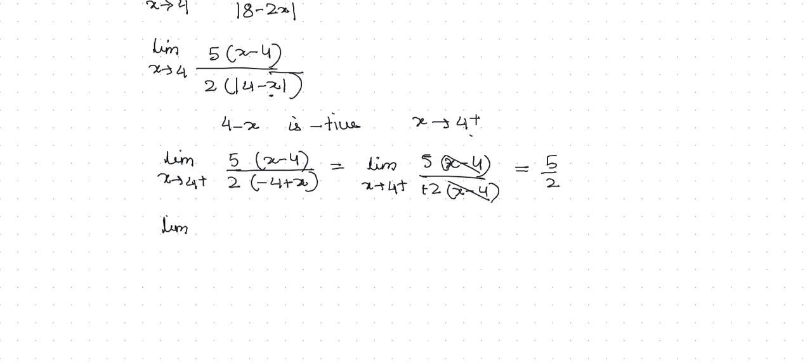Now finding the left hand limit, 4 minus. In this case this would be positive. When x tends to 4 minus, 4 minus x is positive when x is less than 4.